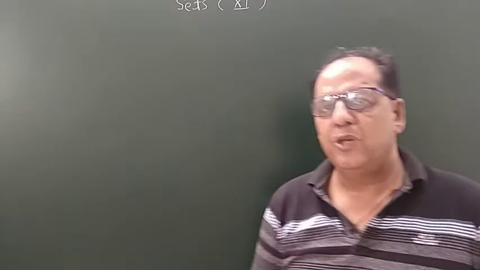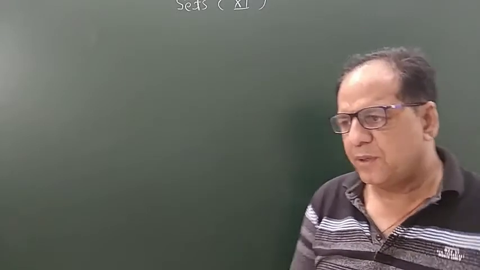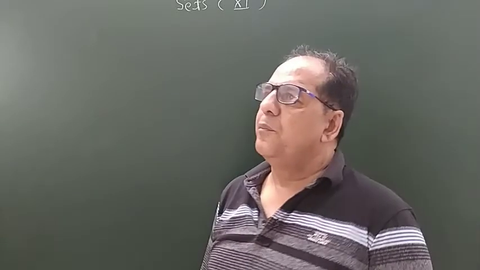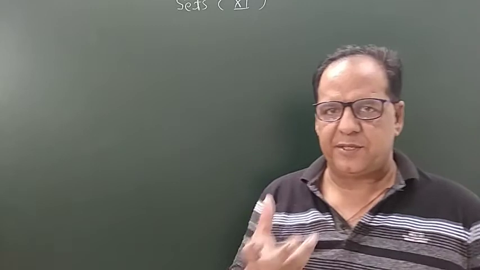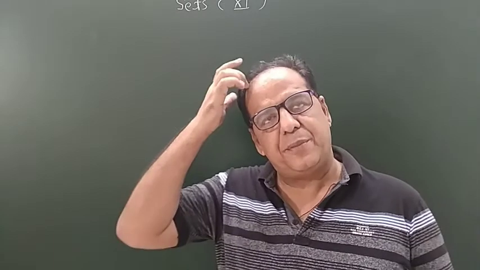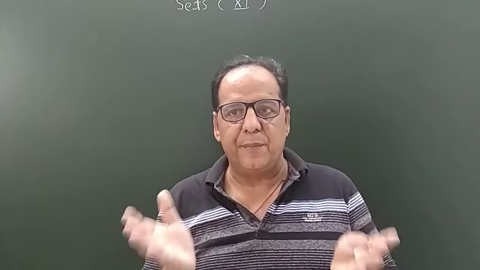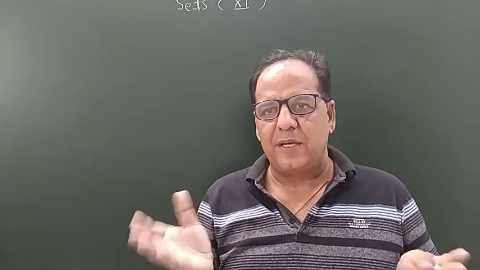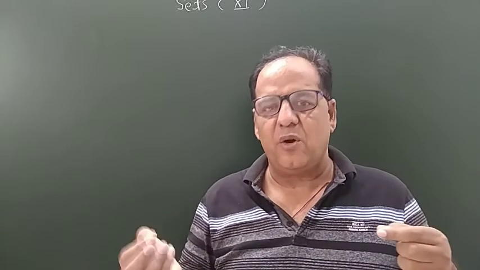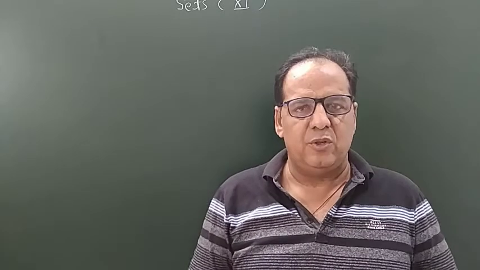Today in this video we will discuss some more problems based on representation of sets. We are well aware of the representation of sets. Sets can be represented by two methods. One is roster or tabular form and the second is set builder form.